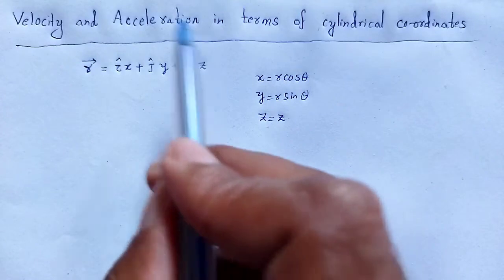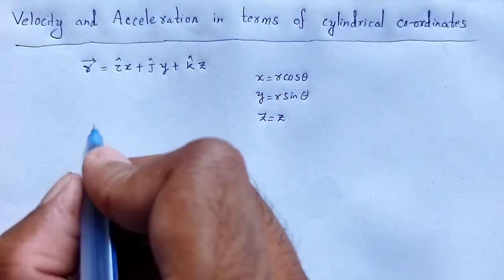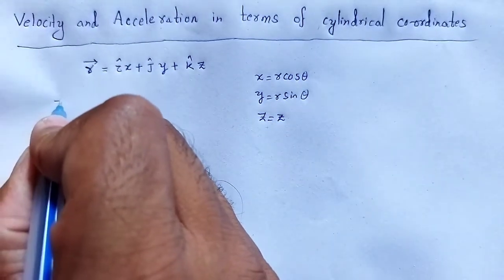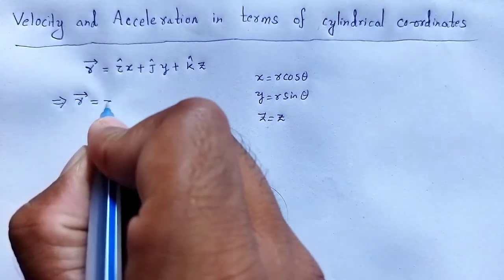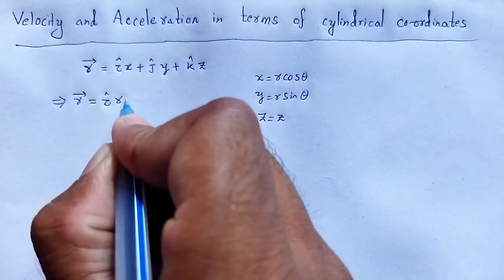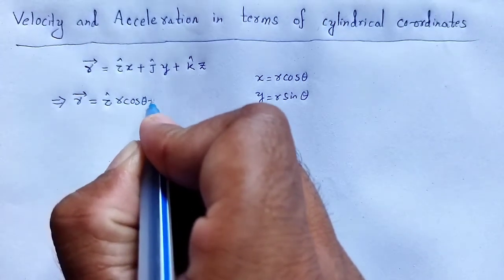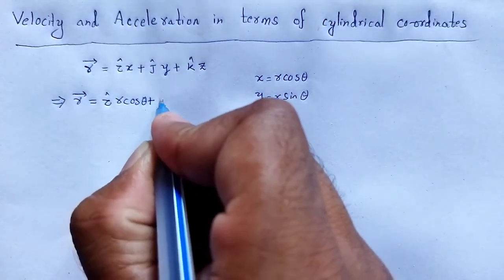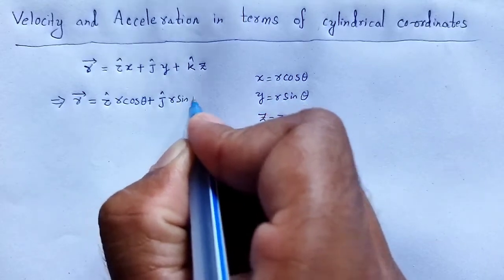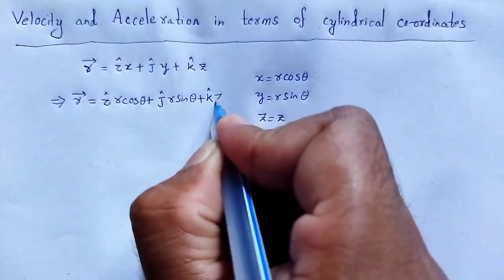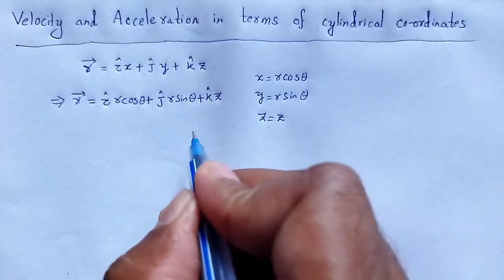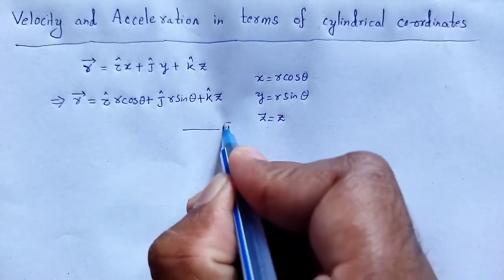Then that converts to r vector is equal to i cap r cos theta plus j cap r sin theta plus k cap z. That is equation number 1.